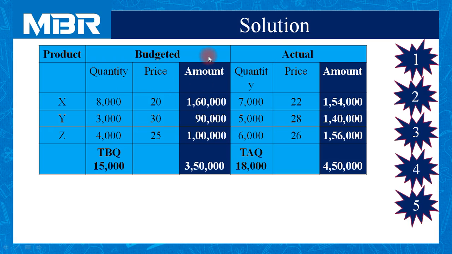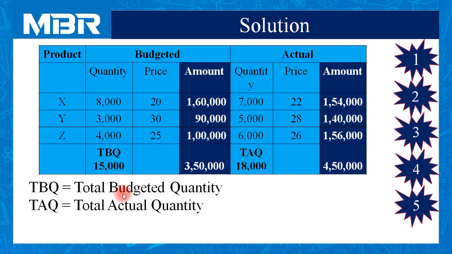We have included budgeted amount of sales and actual amount of sales with the multiplication of quantity and price. Total of the quantity is 15,000 units for the budgeted part. It is known as TBQ, total budgeted quantity, and total actual quantity becomes 18,000 units, 7,000 plus 5,000 plus 6,000. It is known as TAQ, total actual quantity.